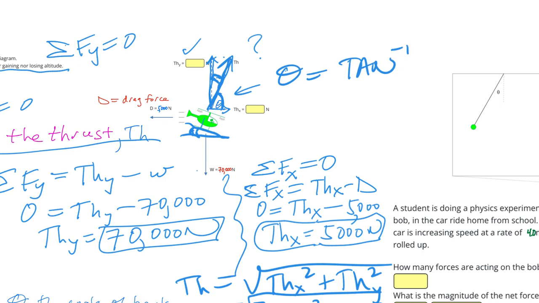Okay, it'd be THY over the X component, THX. So that'd be 70,000 over 5,000.